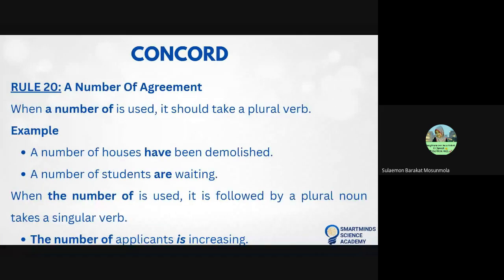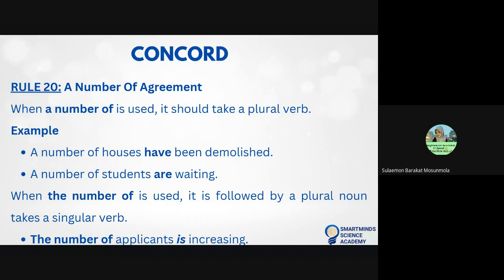Now, the next agreement here is a number of. When a number of is used, it should take a plural verb.